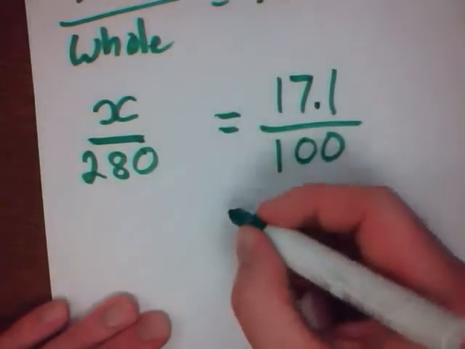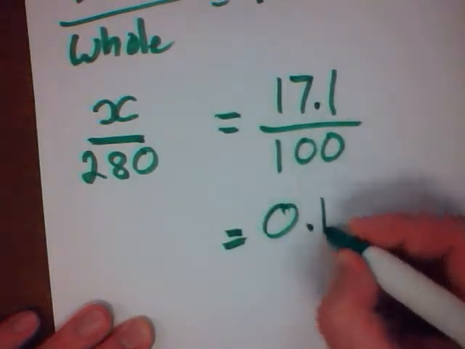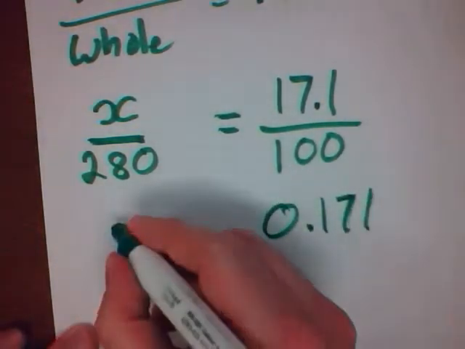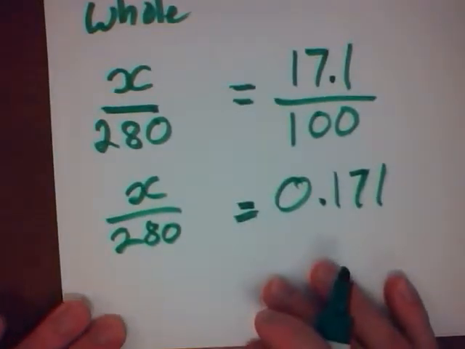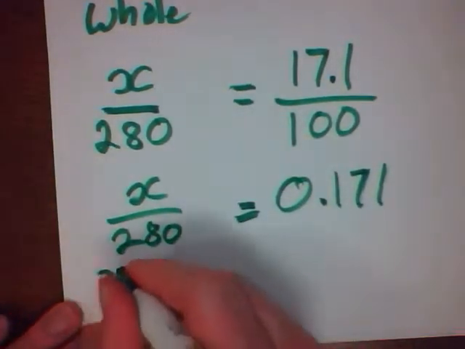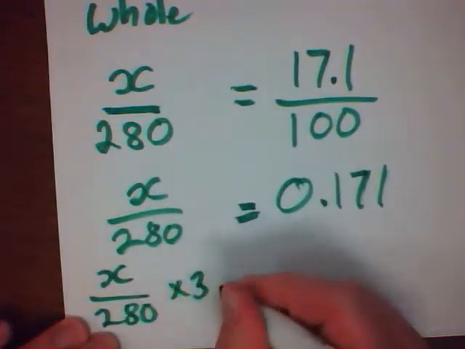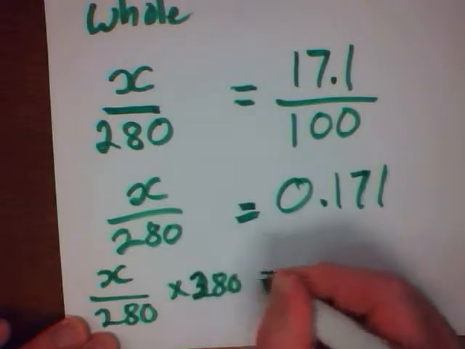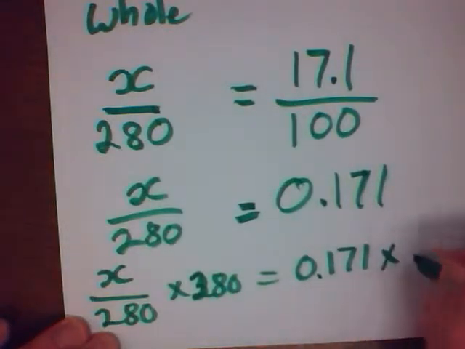First, I'm going to simplify, because on this side, I can actually divide. I have x over 280. Now I need to get x by itself. Get rid of the 280 by multiplying. And whatever I do to one side, I must do to the other.